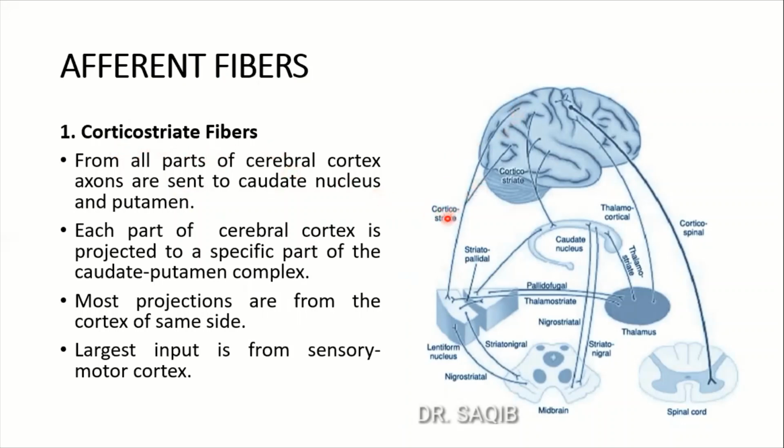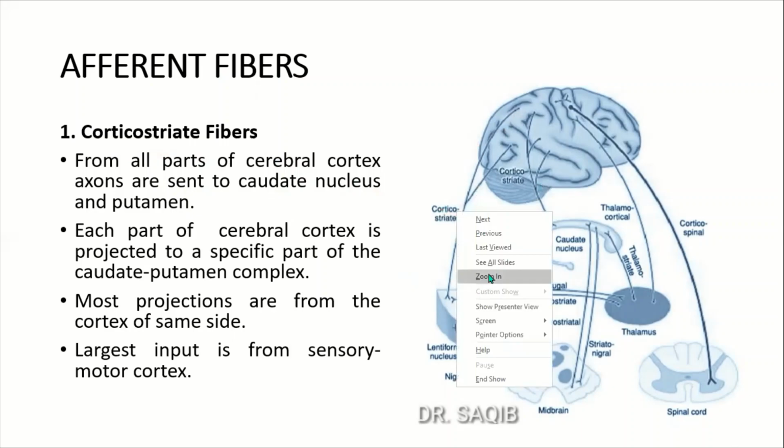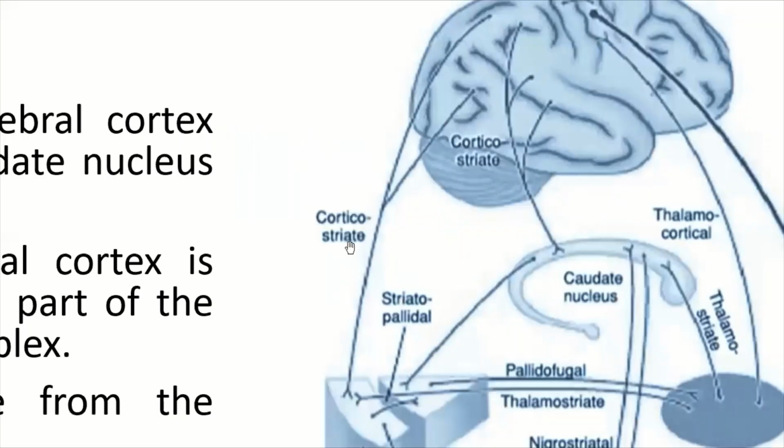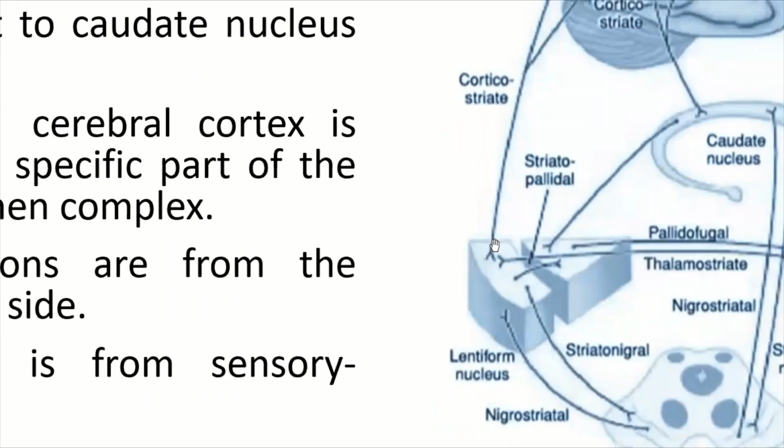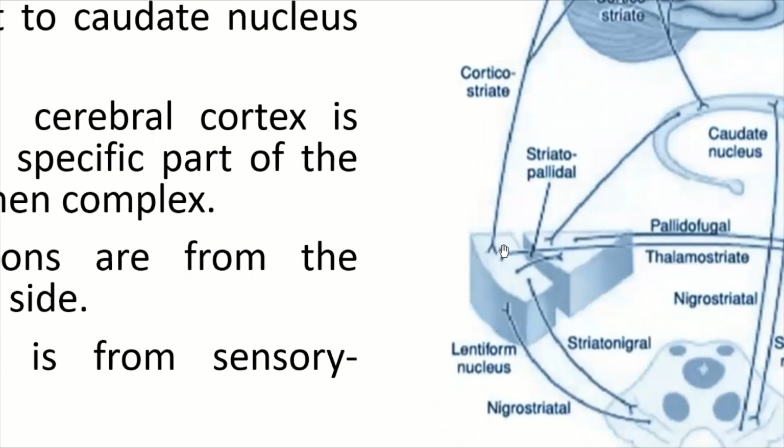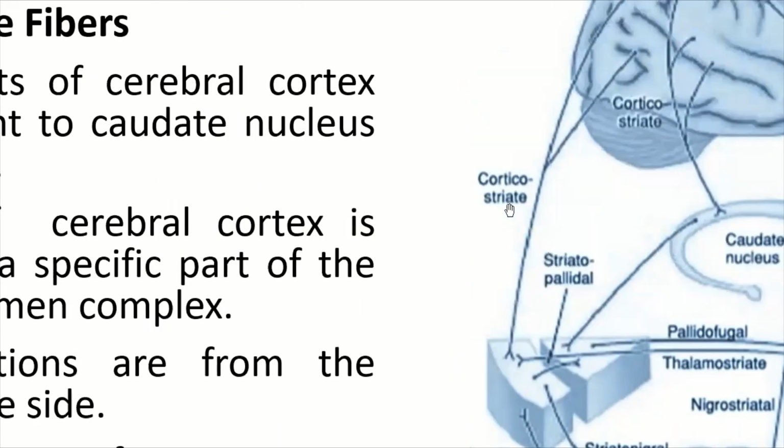Let me enlarge it for you. Here you go. Yes, these are the corticostriate fibers. This is the cerebral cortex and the corticostriate fibers, right? And this is the lentiform nucleus, and the outer part is the putamen, and this is the globus pallidus. These are the corticostriate fibers coming to the putamen.